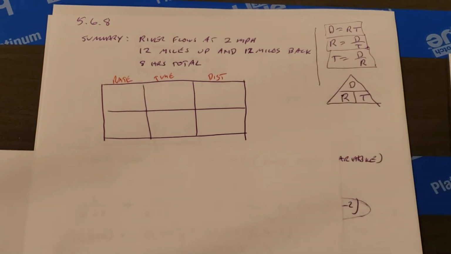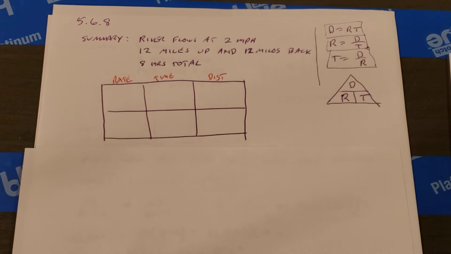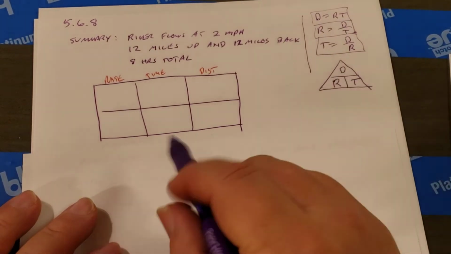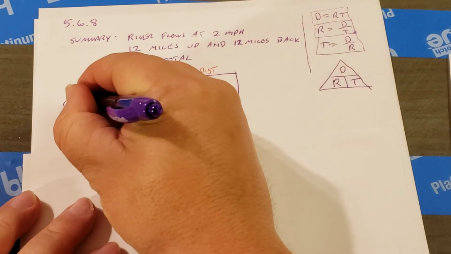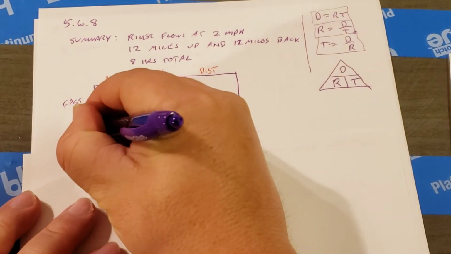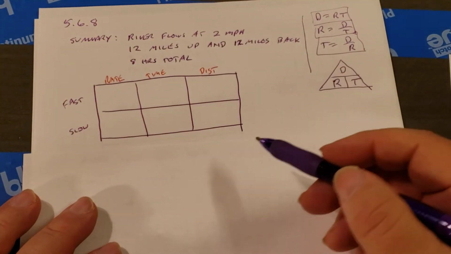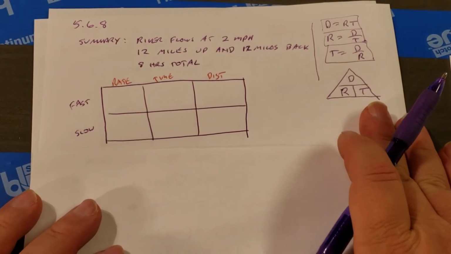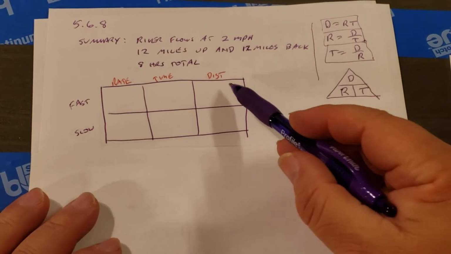All right, so what do I know? The river flows at 2 miles per hour. It's not going to really help me. I'm going to do fast and slow here. I say again, if you're just watching this video, make sure you watch my previous video on chapter 3.